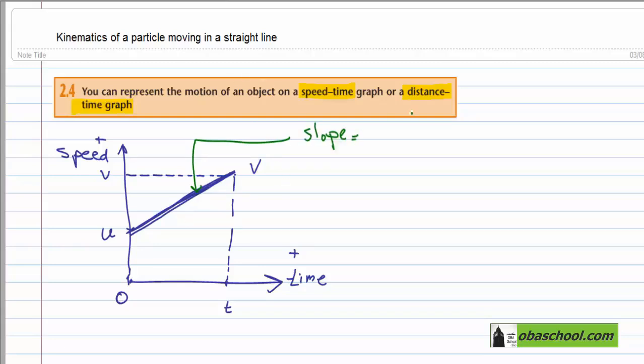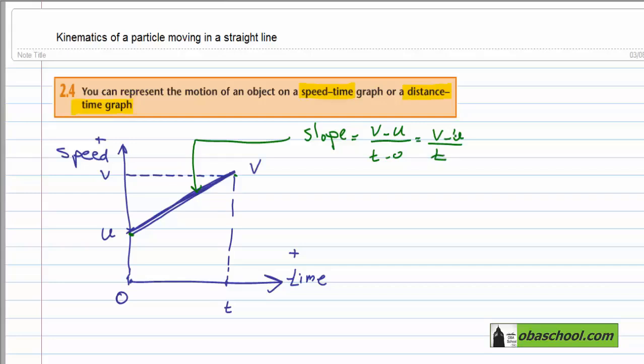So how can we find the slope of a straight line given 2 points on the line? We know that the slope of a straight line is the difference in y-coordinates, or the ordinates, divided by the difference in x-coordinates, or the abscissas. In this case, this is equal to v minus u, those are the ordinates, the y-coordinates, divided by t minus 0, and those are the x-coordinates, the abscissas of each point. This is v minus u divided by t.